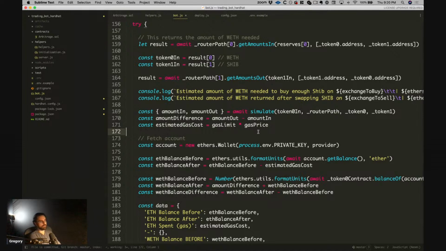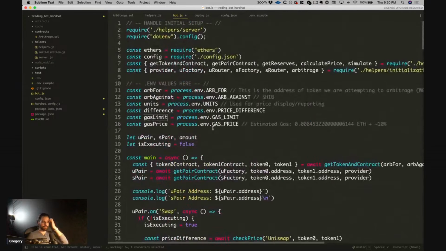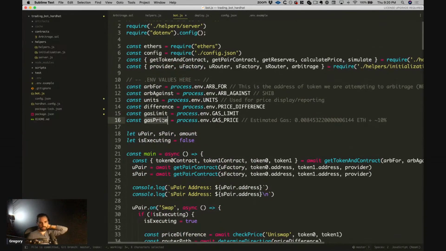You could do a dynamic gas estimation based on network conditions. Instead of just doing this hard-coded, you could have a function that's constantly updating the variables for gas limit and gas price, maybe on some regular interval, not when you call your main function, but maybe every few seconds. You could be fetching the correct gas limit and gas price and then putting them into these global variables, on loop over and over again, and that would give you more up-to-date gas.